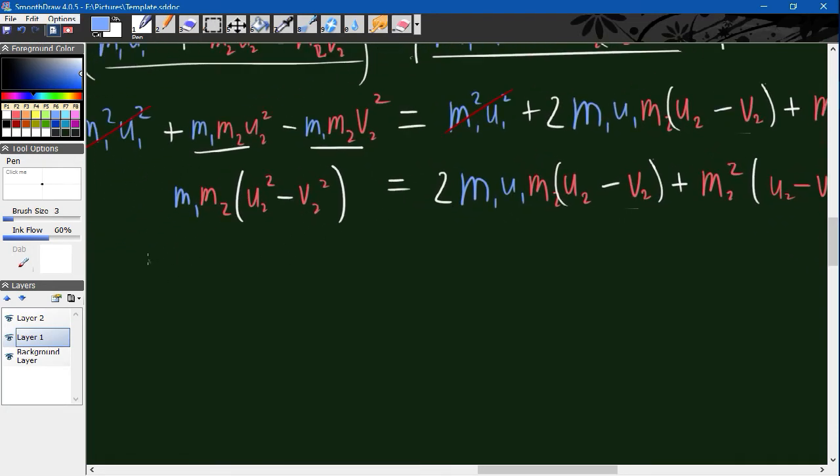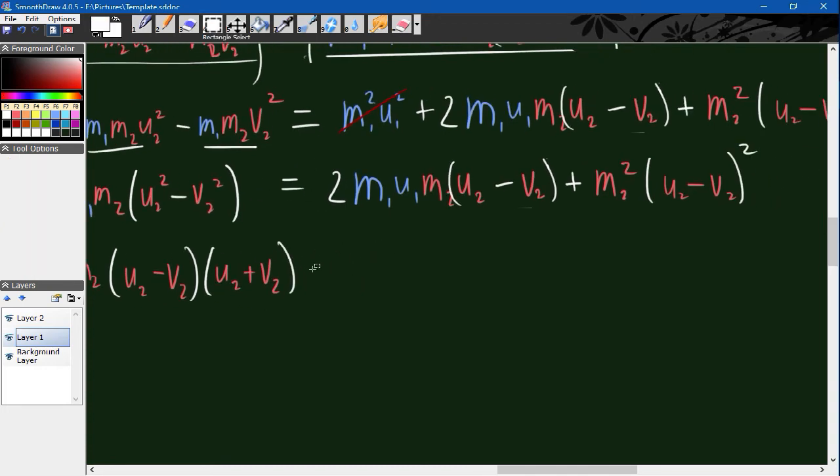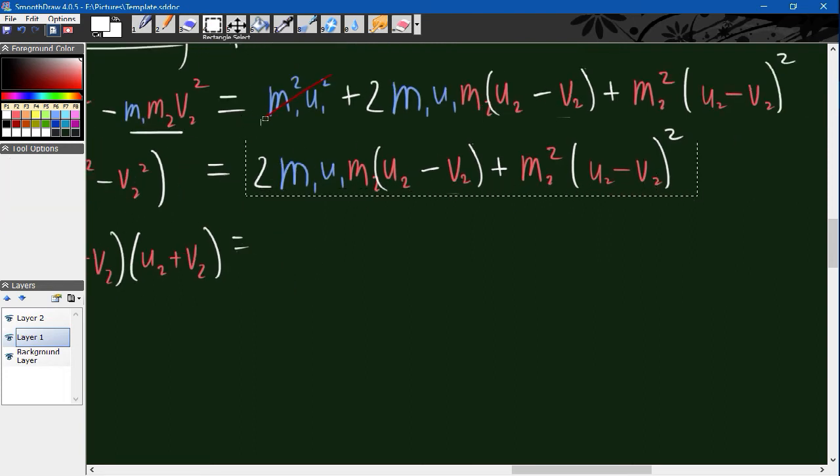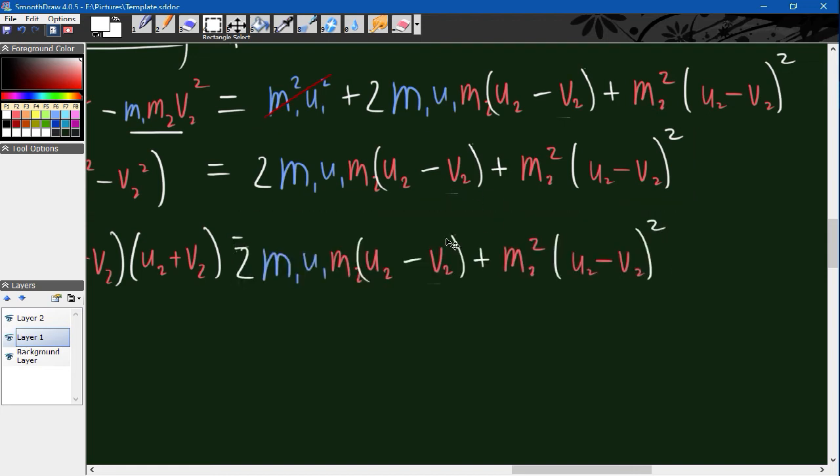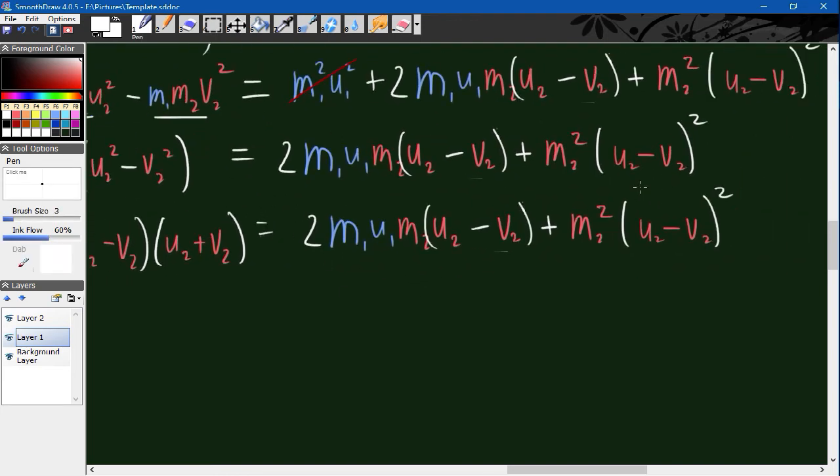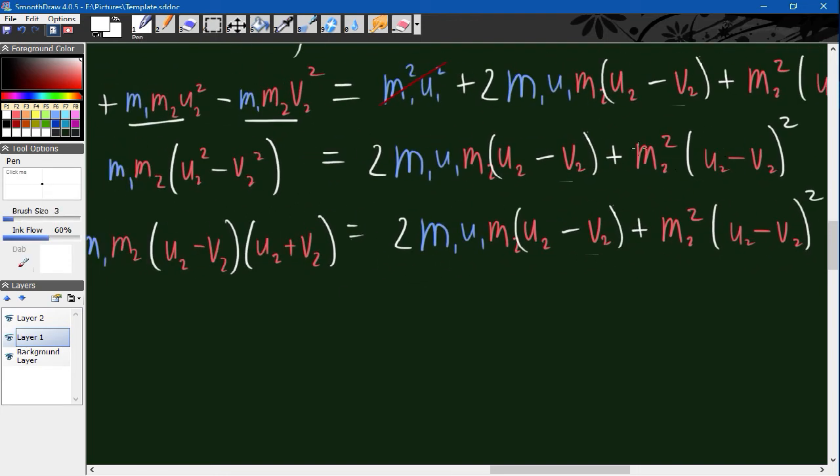M1, M2. We break this down into u2 minus v2 and u2 plus v2. I hope that made sense. Minus this. Now here's a thing you may have also realized.